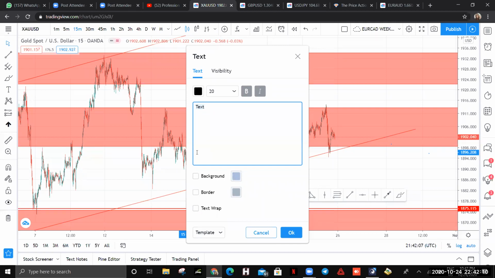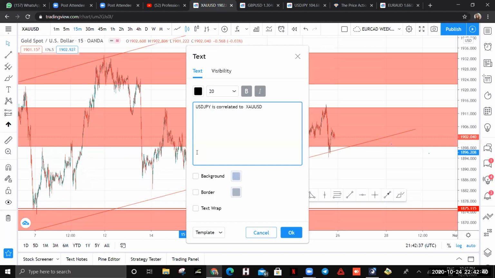So when you see USD JPY, it is correlated with gold.